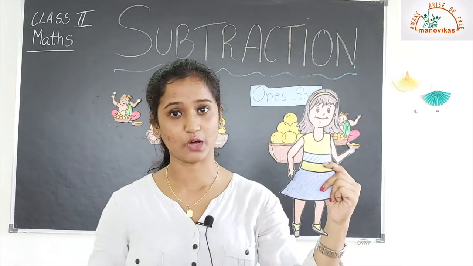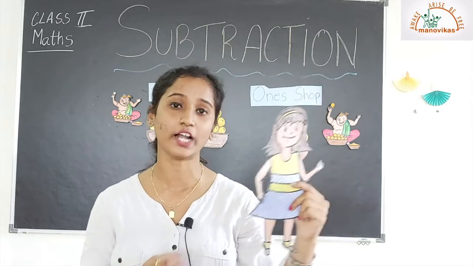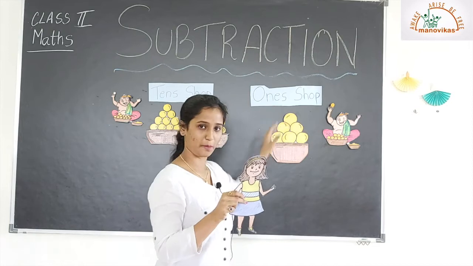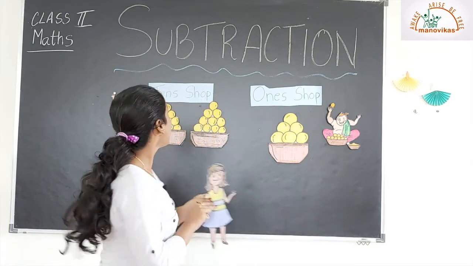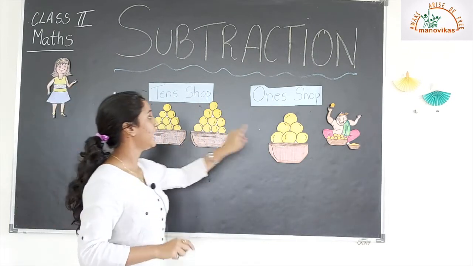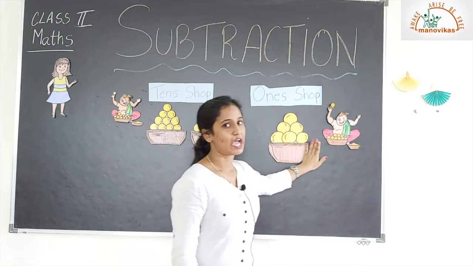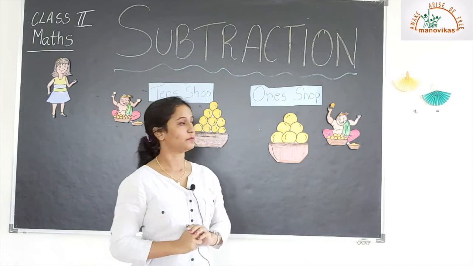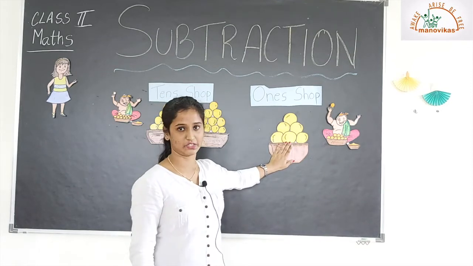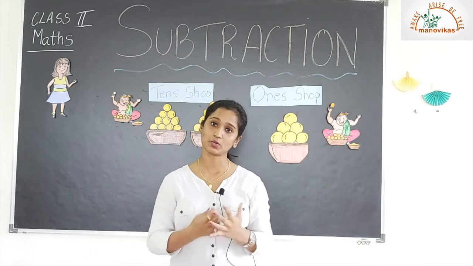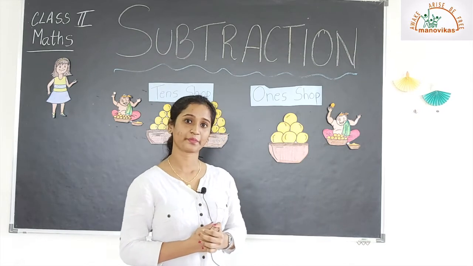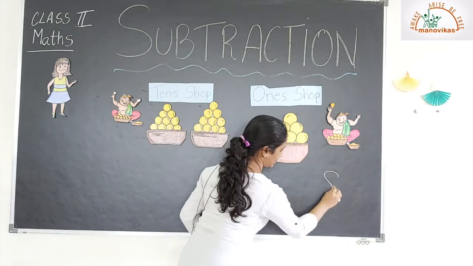So she went out and spotted one shop called One's Shop, correct? And she asked for 8 laddus. The shopkeeper said, I don't have 8 laddus, but I have only 6 laddus. Now tell me, how many laddus did Sweezel require? 8, correct?